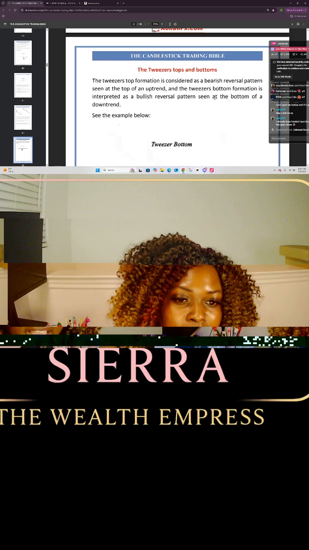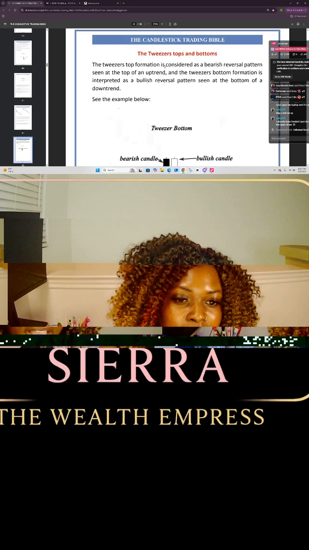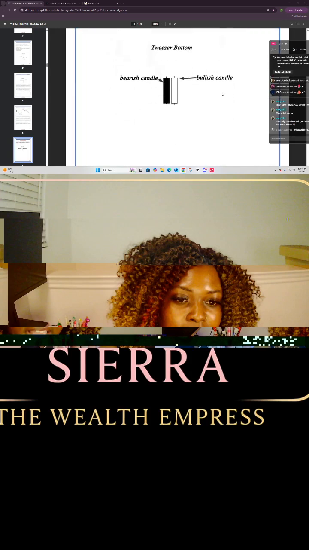So again, the tweezers top formation is considered as a bearish reversal pattern seen at the top of an uptrend, and the tweezers bottom formation is interpreted as a bullish reversal pattern seen at the bottom of a downtrend. Okay, so this says tweezer bottom.